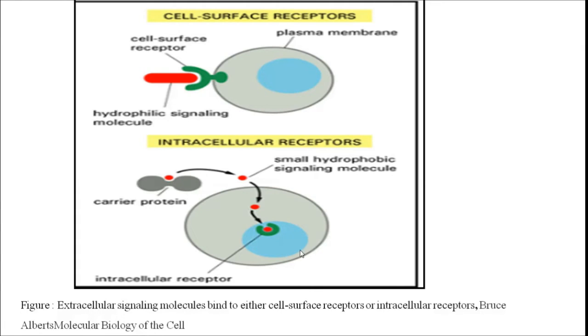Once they gain entry within the target cell, they can bind to the intracellular receptors. So these are the two ways of signaling. The first is the cell surface receptor, and the second mode uses the intracellular receptor with small hydrophobic signaling molecules.